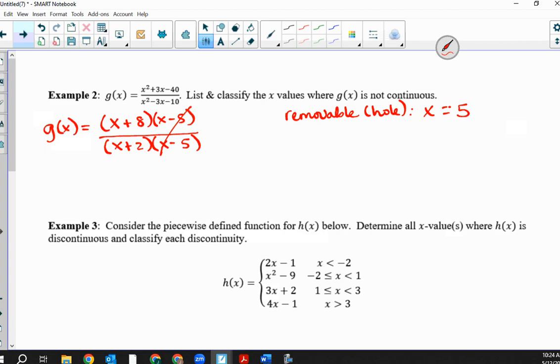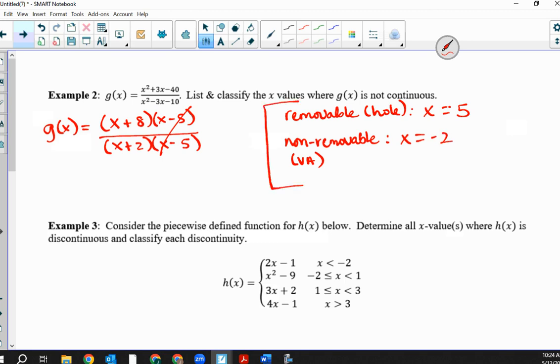Okay? We have one other discontinuity. It is a non-removable. We were just not as excited about the asymptote. Yes, there is a vertical asymptote. Make yourself a note if you need to. Where does that happen? Yes.